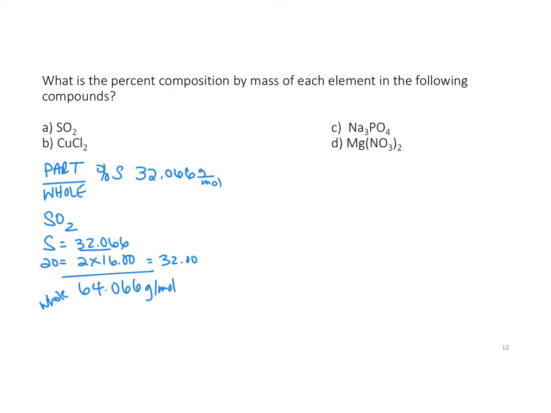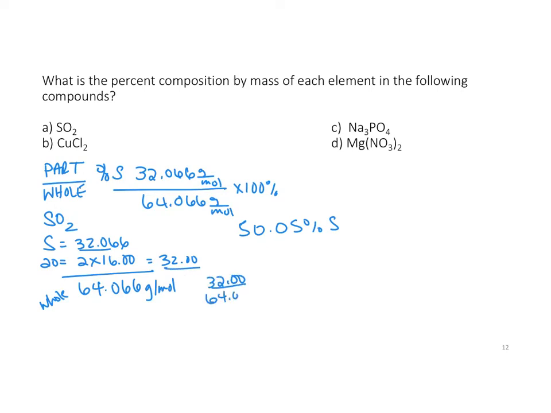So the percent for sulfur is the part that belongs to sulfur, 32.066 gram per mole, divided by the whole, which is 64.066 grams per mole, times 100%. So now you do 32.066 divided by 64.066 times 100, 50.05% sulfur, and then you would do 32 divided by 64.066 that belongs to oxygen times 100%.